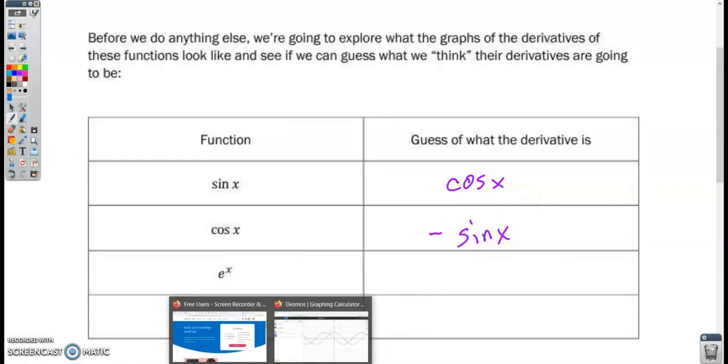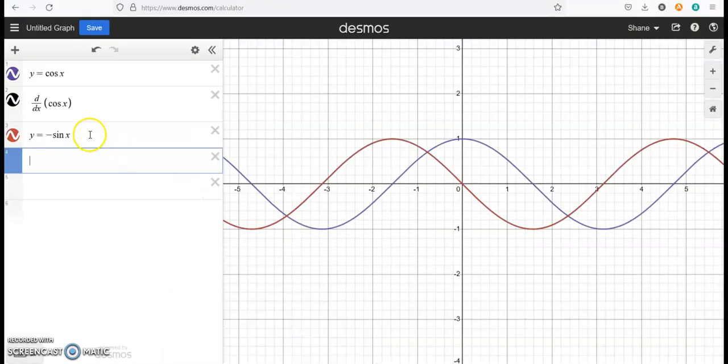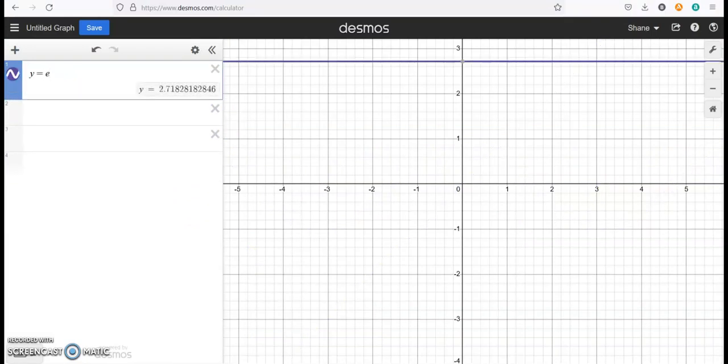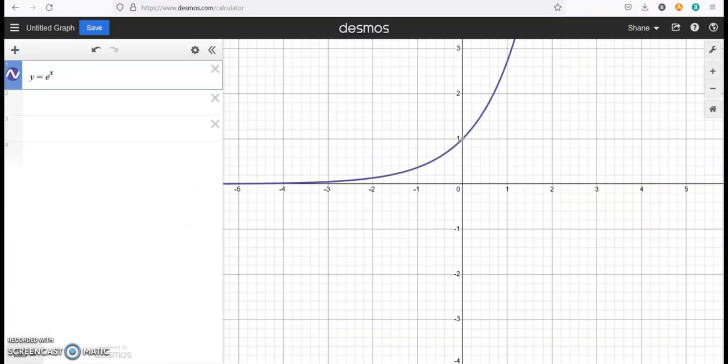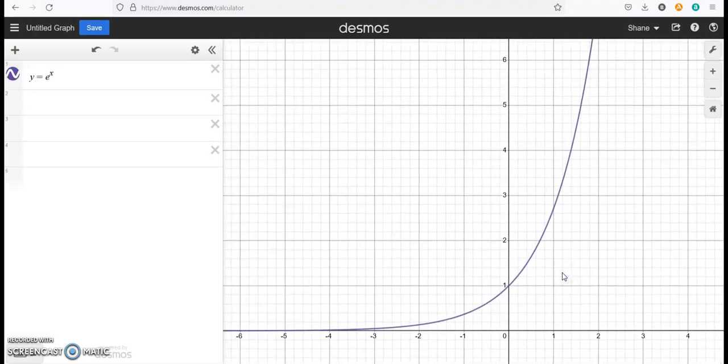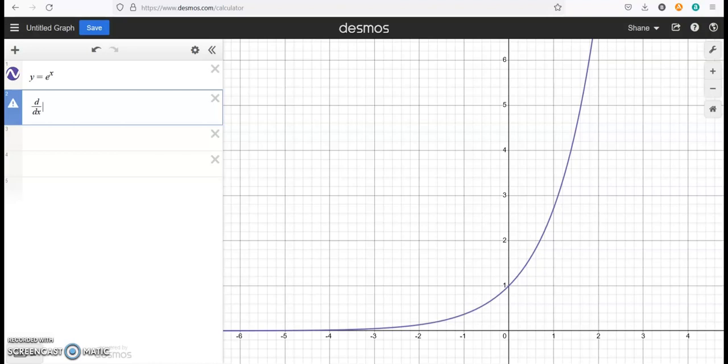All right, next, let's put in y equals e to the x. All right, there's y equals e to the x. Slide the graph up a little bit. Now let's graph the derivative of e to the x.